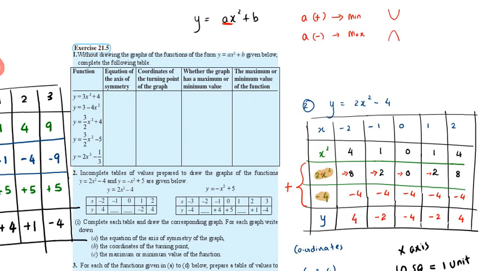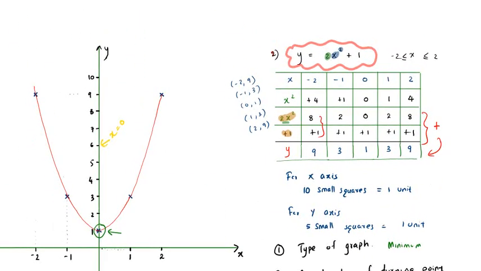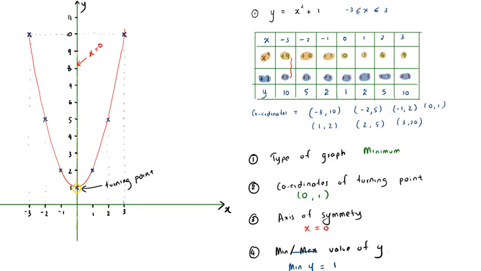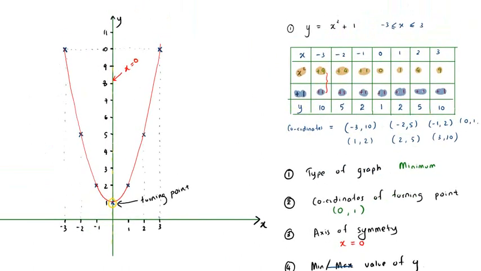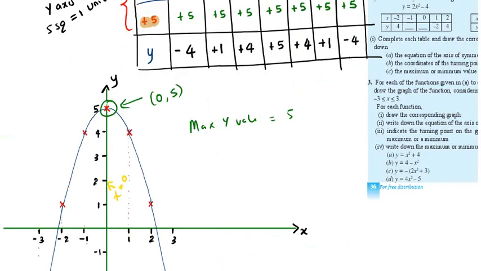Then in all of those graphs, I was telling you the axis of symmetry, right? In all these graphs the axis of symmetry was x equals 0. So in the y equals ax square plus b type graph, it's centered around the axis of symmetry.